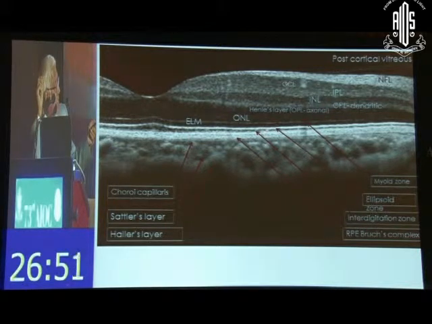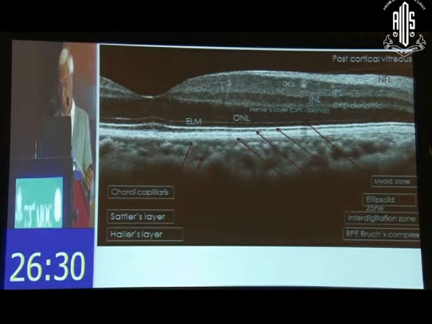Beyond that is the interdigitation between the photoreceptors and the RPE, and then of course the RPE-Bruch's complex. So remember there are actually 4 subdivisions of this hyperreflective layer. If you see the old OCTs, there is the external limiting membrane, the myoid zone, which is hyperreflective, the ellipsoid zone, which is hyperreflective, then the RPE-Bruch's membrane complex.